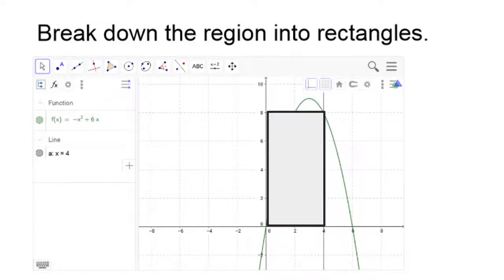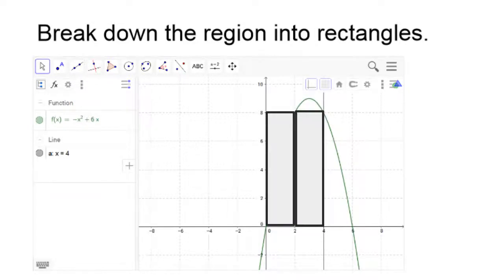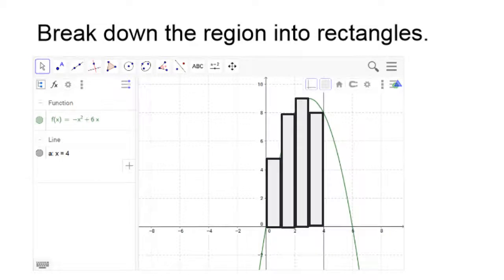Now, if I break it up into two rectangles, it doesn't look much different. However, if I break this into 4 rectangles, now the area of those gray rectangles looks something close to what the area under the curve may look like.